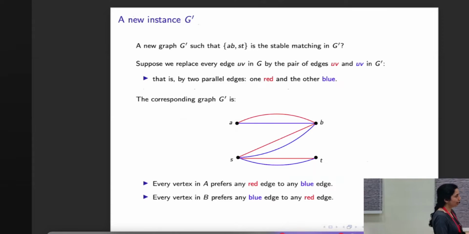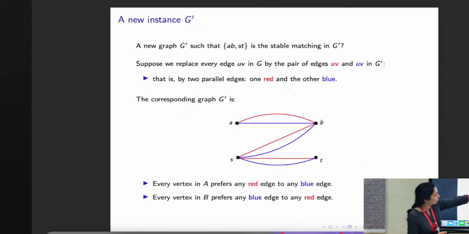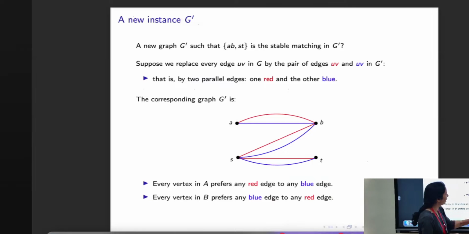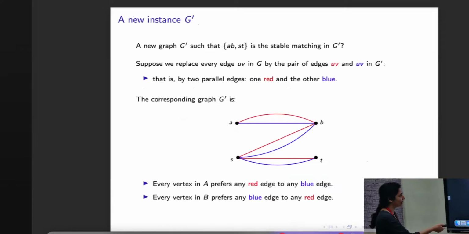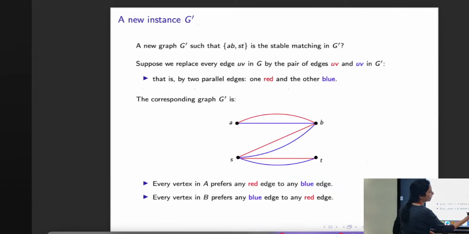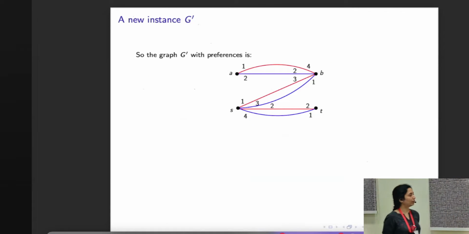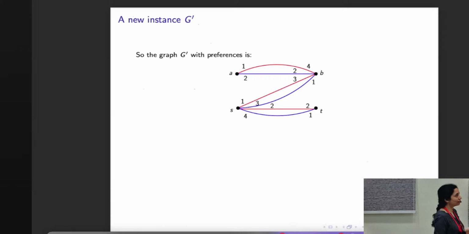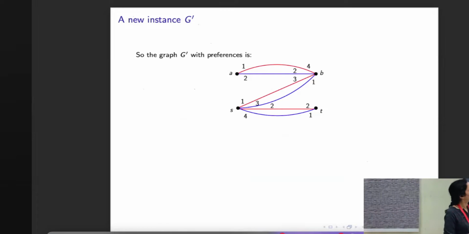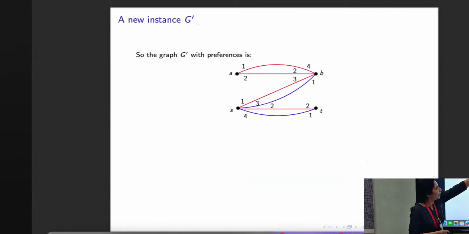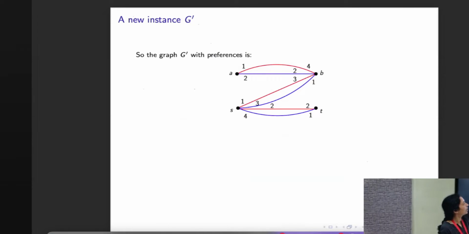So let's say every agent, every vertex on the left side prefers any red edge to any blue edge, and symmetrically every vertex on the right side prefers any blue edge to any red edge. So in the graph G prime, where we have replaced every black edge by this pair of red and blue edges, the preferences are as follows.